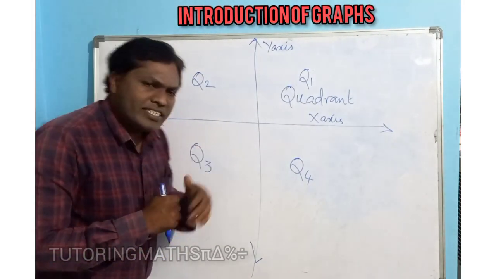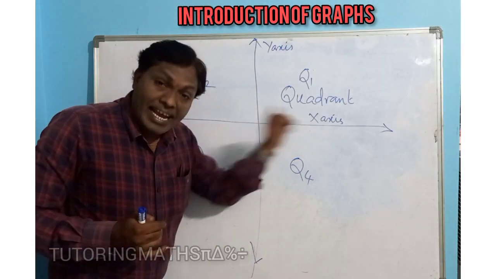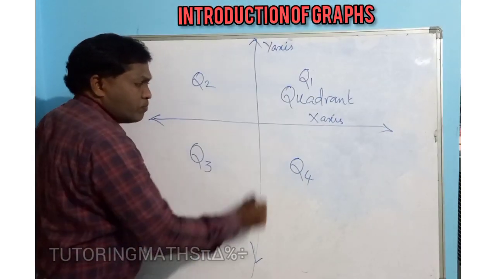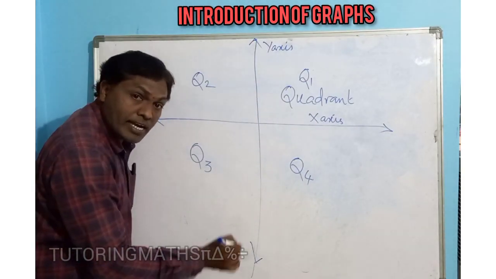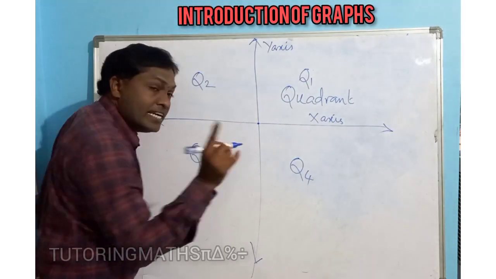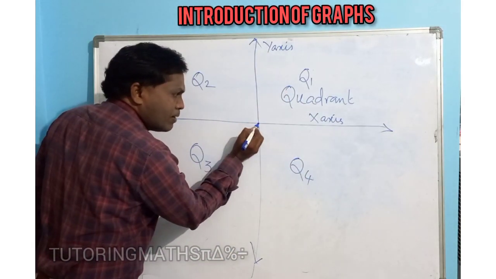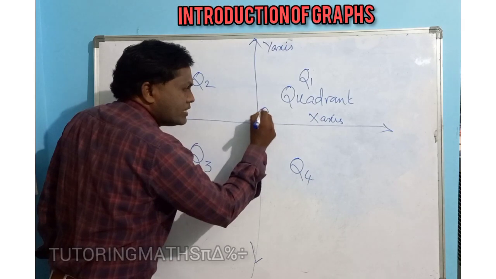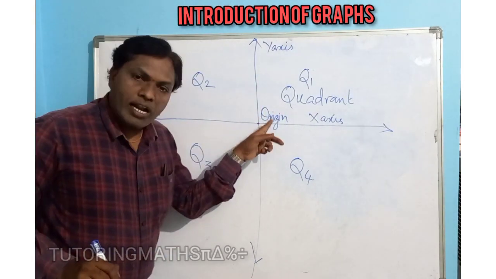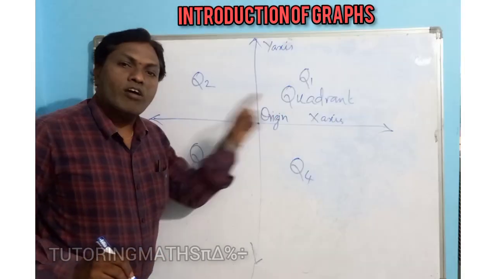Yes. Now let us see how the values will be taken on the axis. This is the x-axis, right? Both the x and y axes intersect at one point. This intersecting point, the intersection of the x and y axes, is called the origin. O-R-I-G-I-N, origin.